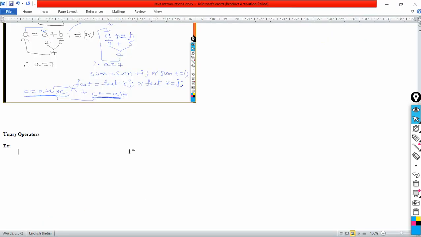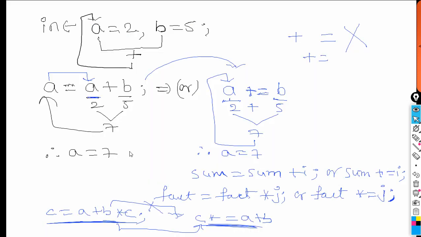Suppose integer A is there and B is there. So I can say A is equal to plus 10. Yes, you can write, no problem. You need not give the plus actually, but if you want you can give it.